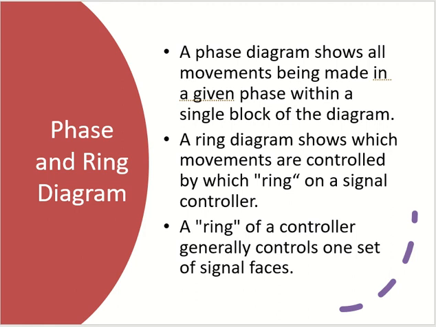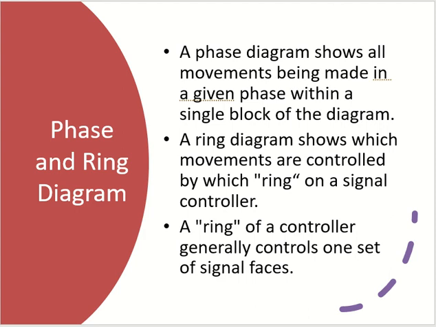A different pole in each direction at least. So a ring will show what is happening in each direction with one box. You may allow different directions at the same time, but then in the ring diagram you will see different boxes for the same phase. I will show you the examples, no problem. But a phase diagram: all movements, any direction, one box. Ring diagram: all movements in one box, but only for one phase, one direction.